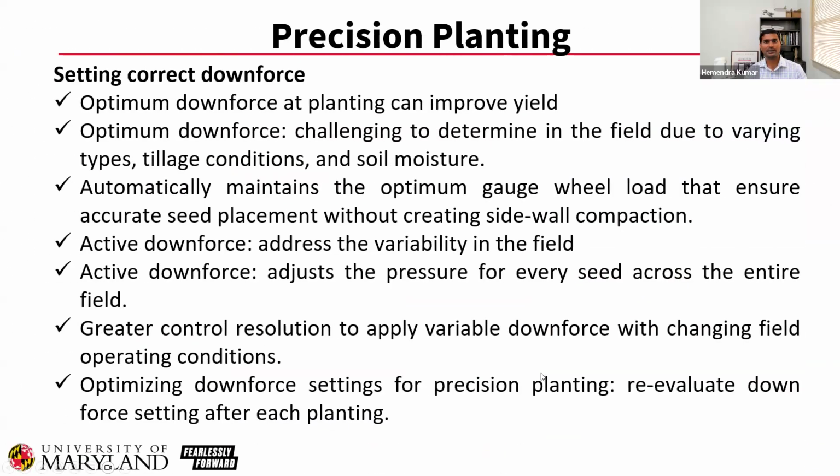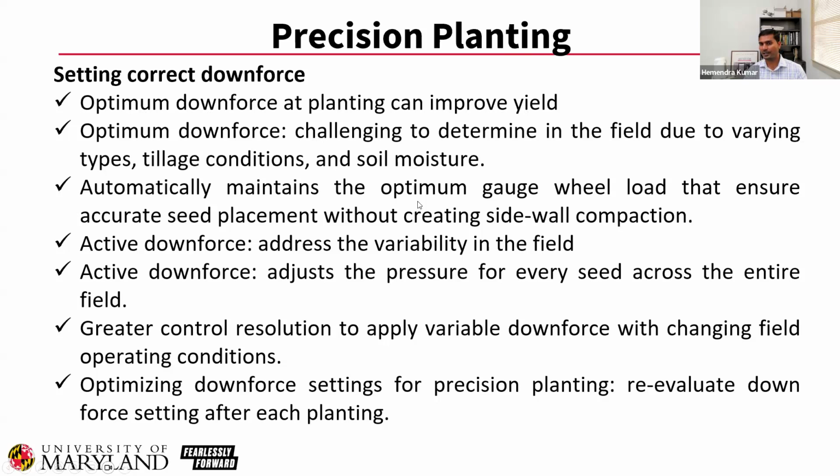So one of the examples that I will put here is how to set the correct downforce, and that can be done based on the unit that you have. If you have the optimum downforce setting, it can improve the crop yield because you are planting at the right depth. The challenge is to determine it in the field due to varying soil types, tillage, and soil moisture.